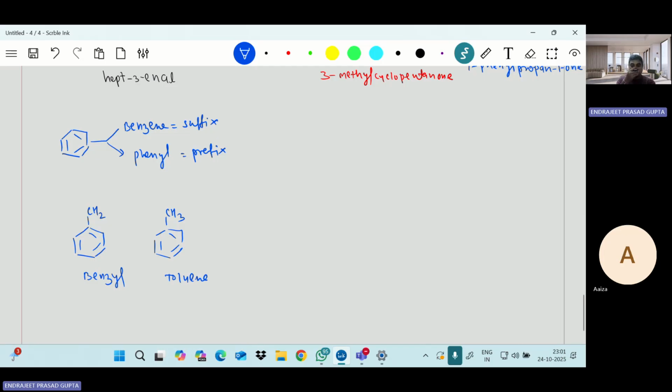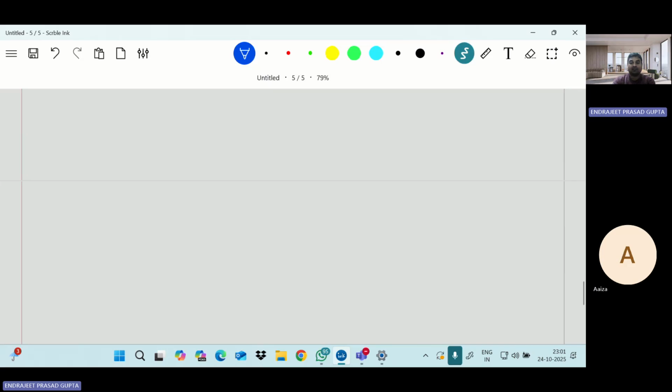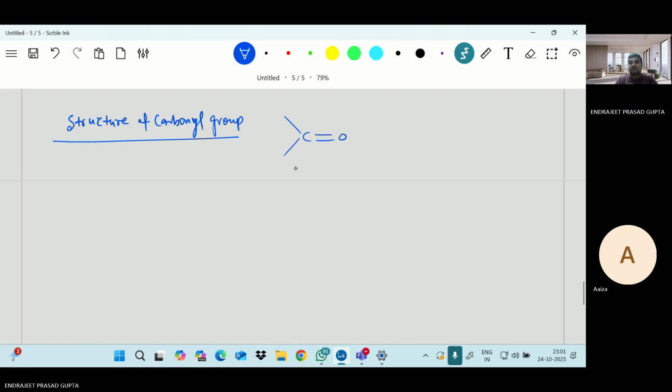Now we have to start the next topic. Structure of carbonyl group. We know that the carbonyl group is this one, carbon double bond O. This is a sigma bond, this is a pi bond.